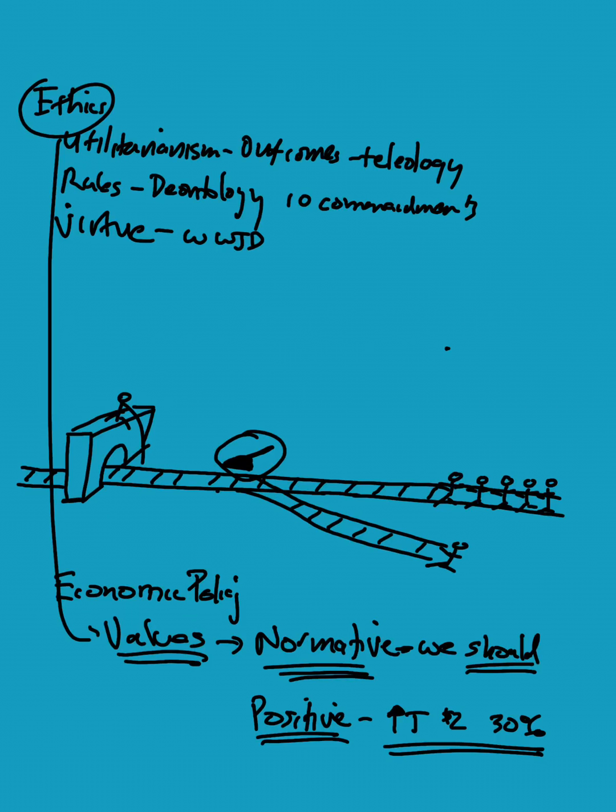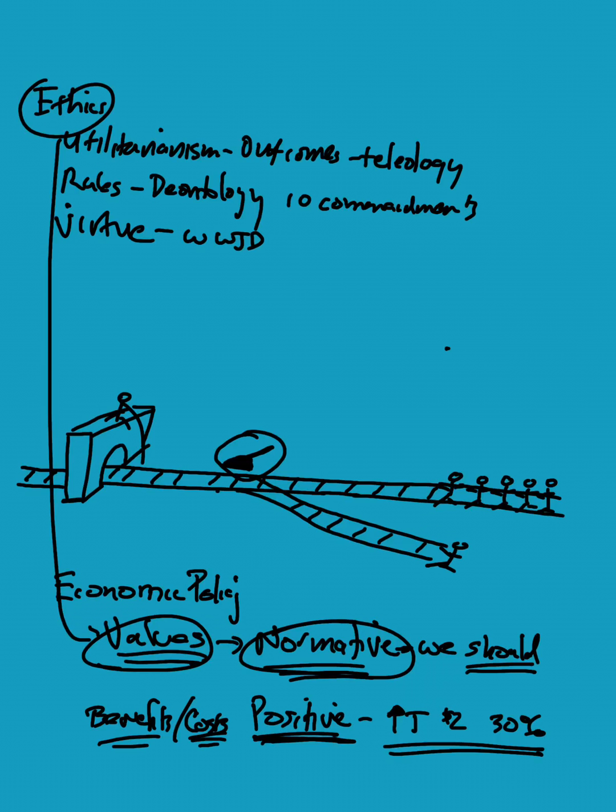Let's say that the second statement has a value laden with it. There's a judgment in there, and that's why this is called normative economics or a normative statement. The positive economics is, hey, if we were to take a given action, these are the benefits, these are the costs. And then we'd have to ultimately use our values, which is going to be based on one of these ethical frames above.